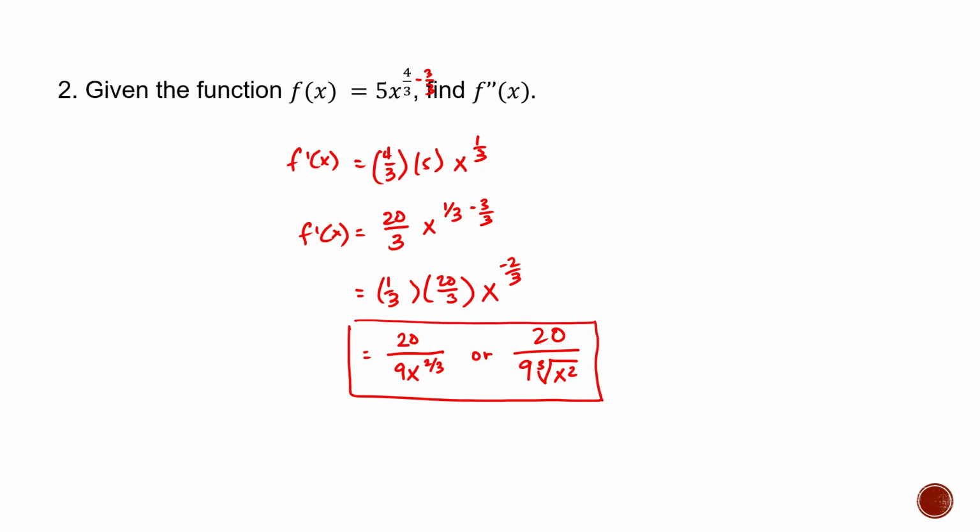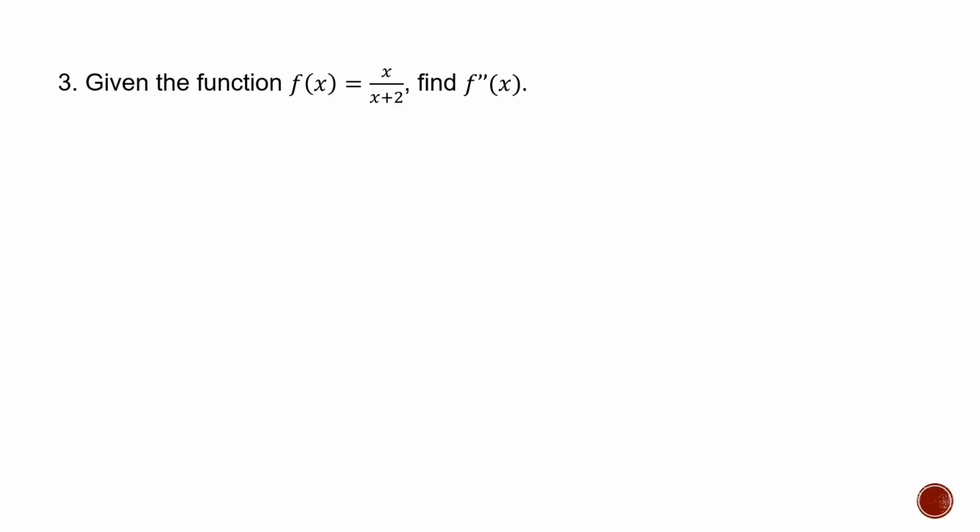Alrighty, let's go to the third example. Okay, so for this one, we need to apply the quotient rule. These are our f and our g. So for the quotient rule, we have f prime g minus f g prime all over g squared. Let's solve first the first derivative.